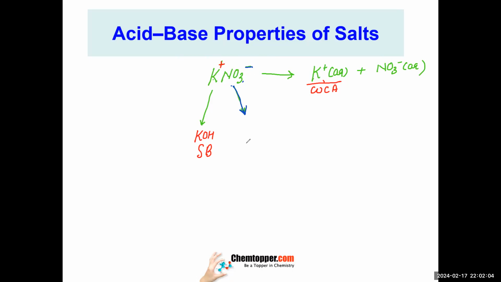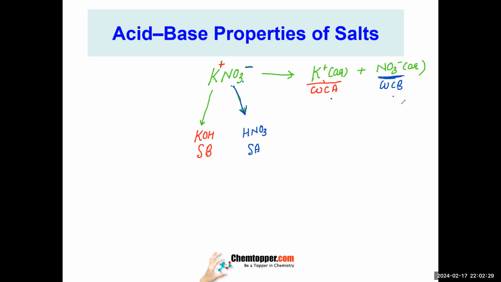It's an anion from HNO3. Is this HNO3 a strong acid or weak acid? It's a strong acid. So what is this? A weak conjugate base. A weak conjugate acid, a weak conjugate base.